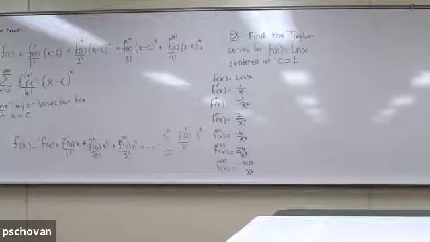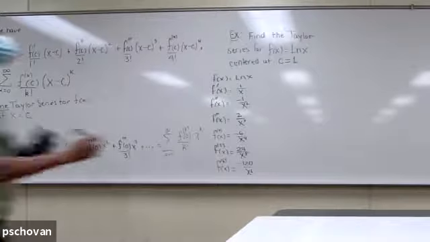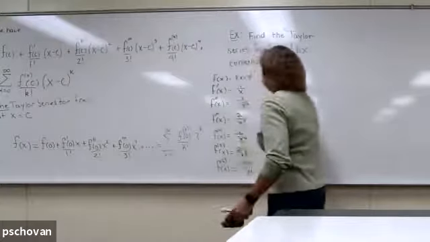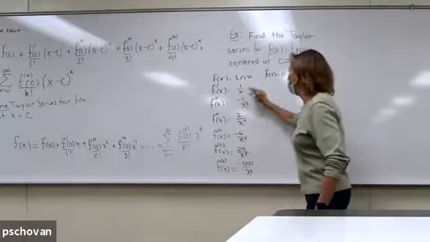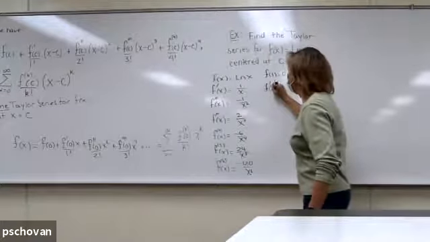So take 6 derivatives of the natural log of x. Now we're going to put 1 in for each x. As I said, we're going to center this at x is 1. So the natural log of 1 is 0. 1 over 1 is 1.